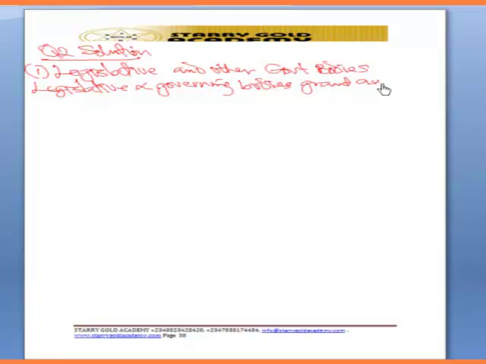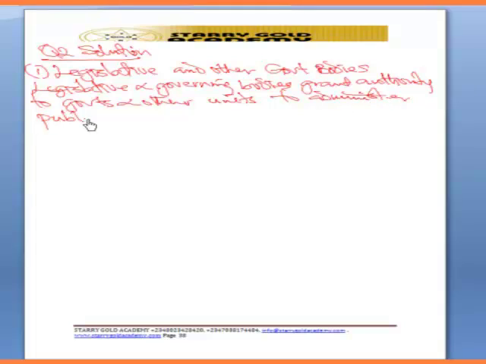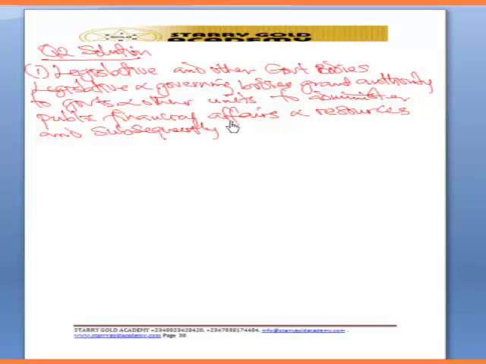We said that the legislative and governing bodies grant authority to government and other units to administer public financial affairs and resources, and subsequently hold them accountable.